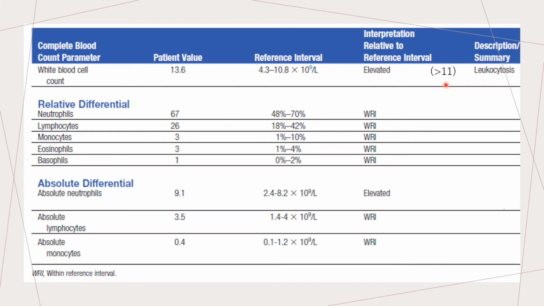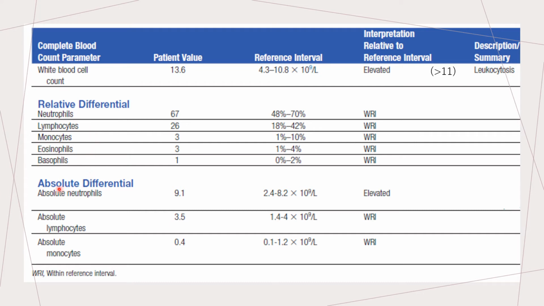But it is important to determine which of the cells are causing the increase in the white blood cell count, so we have to examine the relative counts. But in this case, the cells are all within the reference limits. Therefore, there is no indication as to which of the cell lines could be causing the increase in the total number of white blood cells.